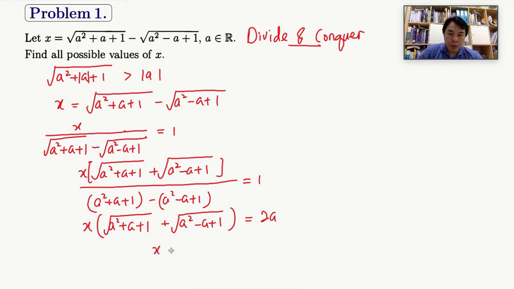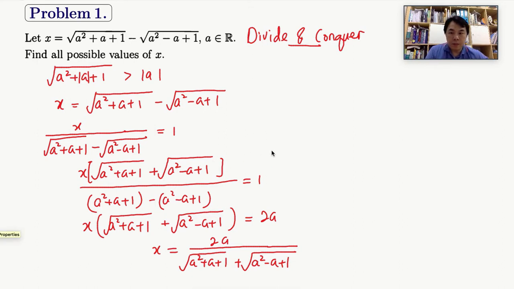Therefore, x is equal to 2a over a squared plus a plus 1. Okay, so that's what we have. And then from here, let me try to divide this over to two different sections here, so it's easier for me to further our discussion.